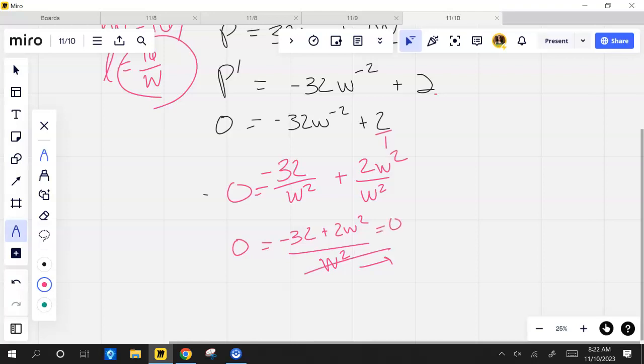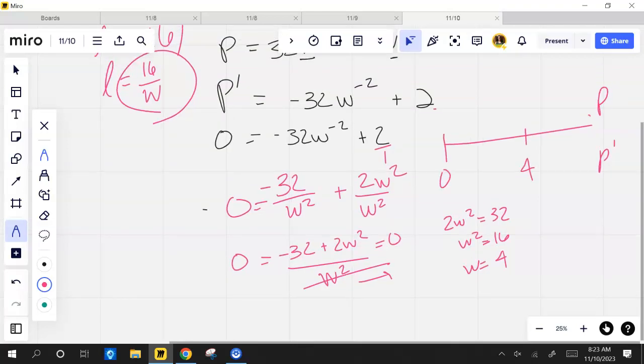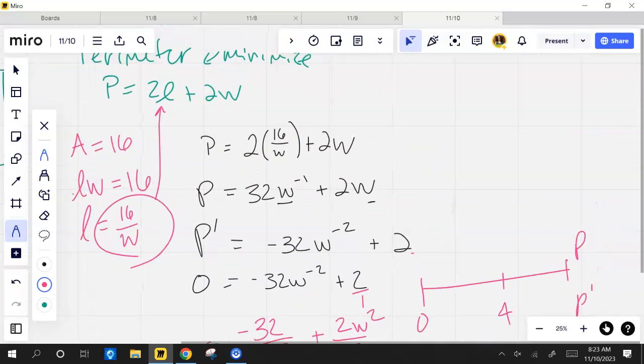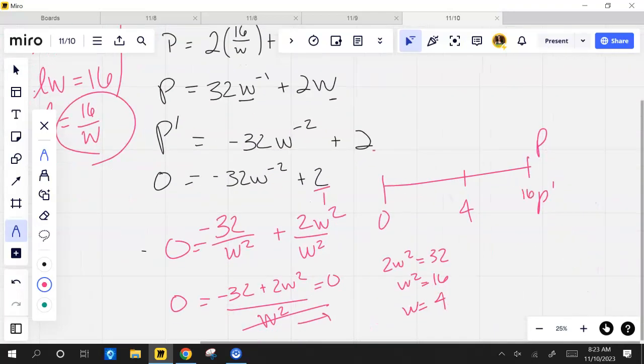So this 0 would be 2W squared equals 32, W squared equals 16, W equals 4. I don't need the negative side because I can't have a negative width. My derivative tells me what my function is doing at 4, and I'm only going between 0 and 16. I'm going to assume negative positive. Is that right?